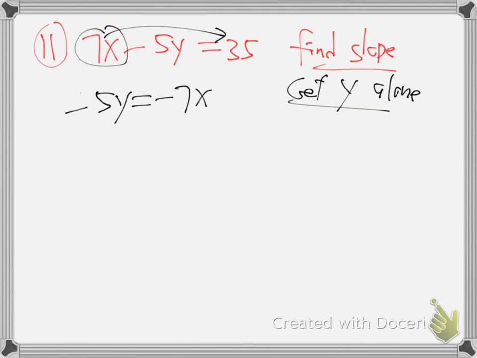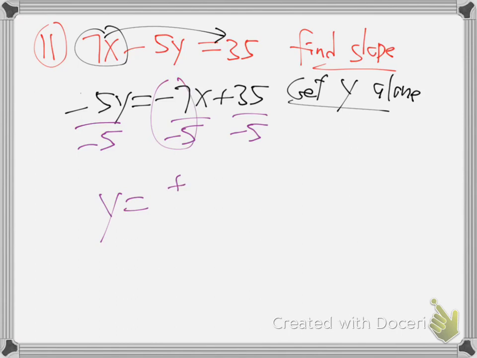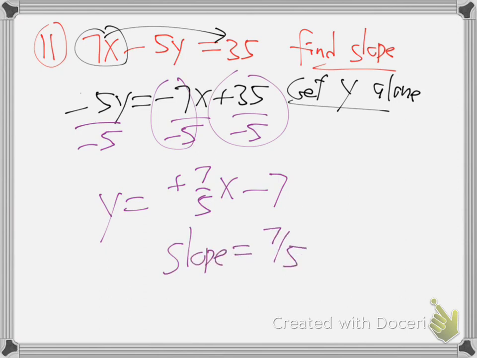Divide through by negative 5 to get y alone. So y equals... positive over negative? Negative, but who cares? What's our slope? It's just the thing next to x. That's all I care about on this problem. I don't care about that number at the back. The slope is 7/5. Positive 7/5.